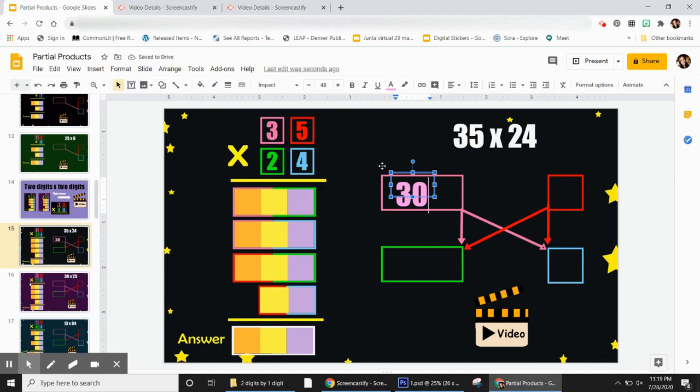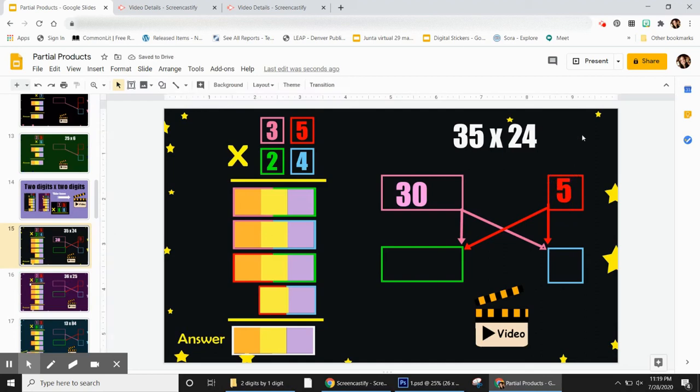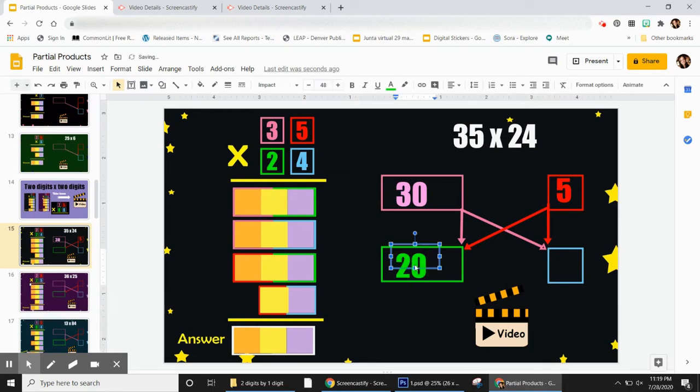And then the 5, well, it's in the ones column, so it's just worth 5, nothing too special there. Okay, now let's look at the 24. It's not a 2 and a 4, it's a 20 and a 4 because this 2 is in the tens column, so it's really worth 20. So that's always the first step with partial products, is writing the numbers out in expanded form.